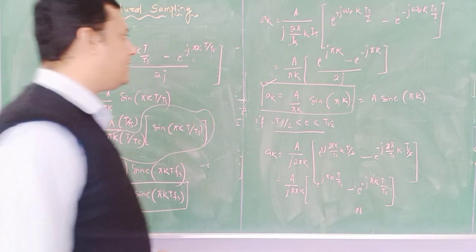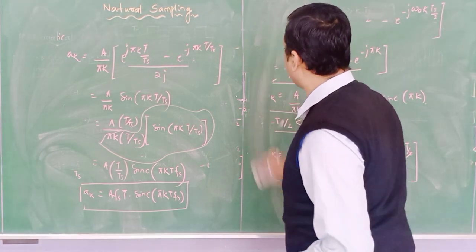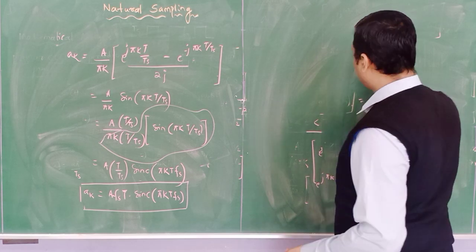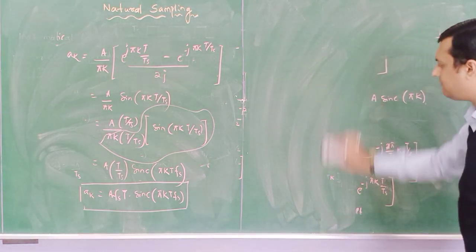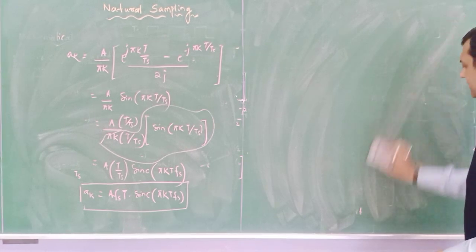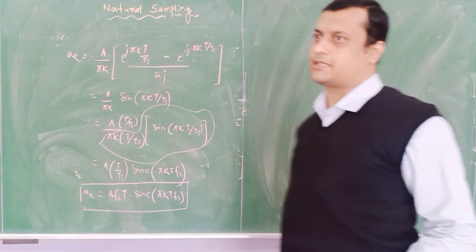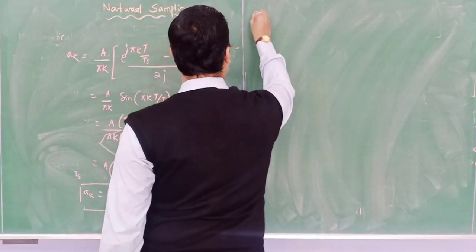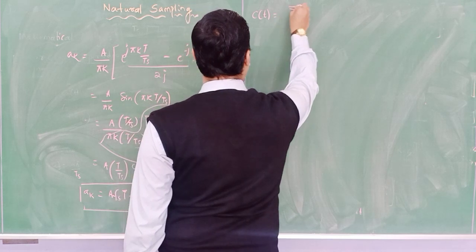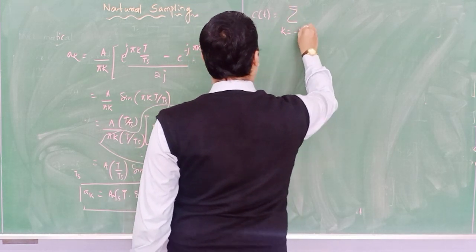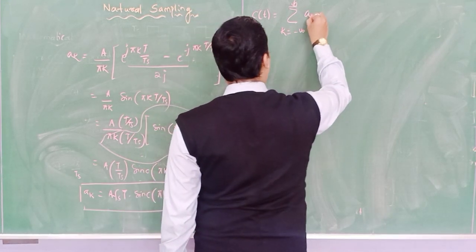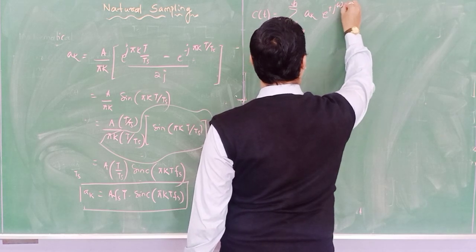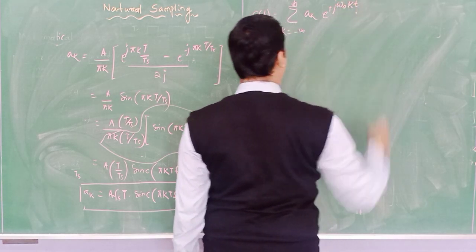Now we need to determine the function. Which function? The pulse function. We need to substitute this value. Then we will multiply with our m of t and we will take the Fourier transform of it. So let us see. Now c of t is equal to summation from minus infinity to infinity a k e to the power plus j omega naught k t.